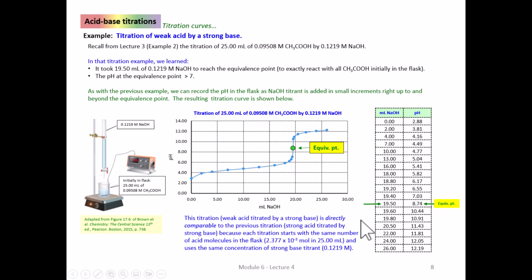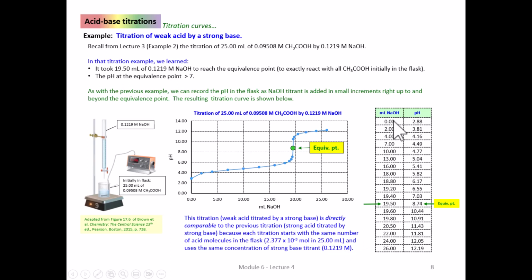We need to note that this titration, the weak acid titrated by a strong base, is directly comparable to the previous titration curve, the strong acid titrated by the strong base, because each titration starts with the same number of acid molecules in the flask, 2.377 times 10 to the minus 3 moles in 25 milliliters, and uses the same concentration of strong base titrant, 0.1219 molar.